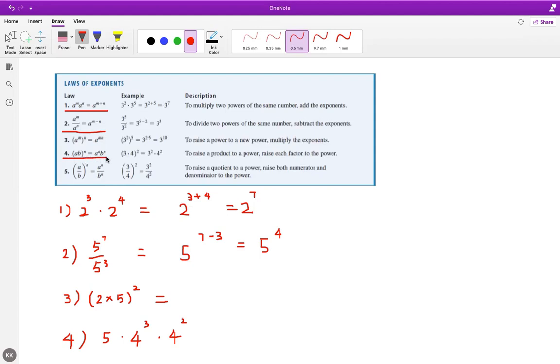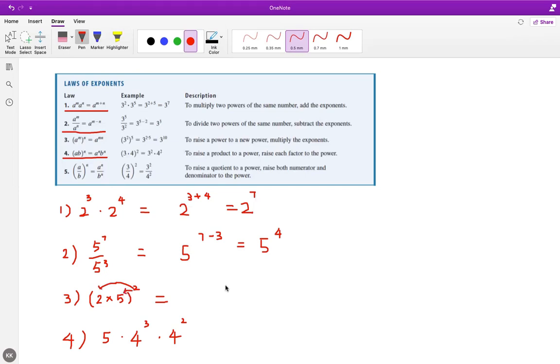That's right. Law number 4 states that if we have two different bases multiplied together and raised to a power, it equals A raised to the exponent, B raised to the same exponent. So I distribute the exponent 2 to the 2 and also the exponent 2 to the 5.